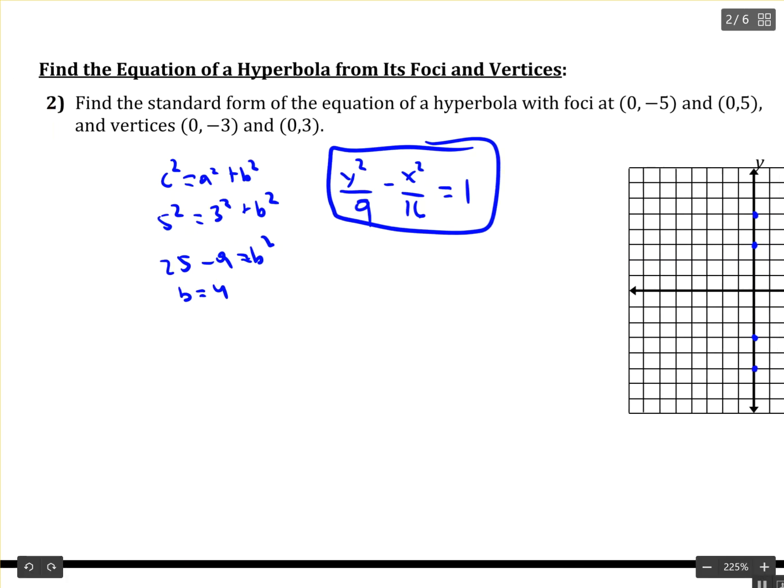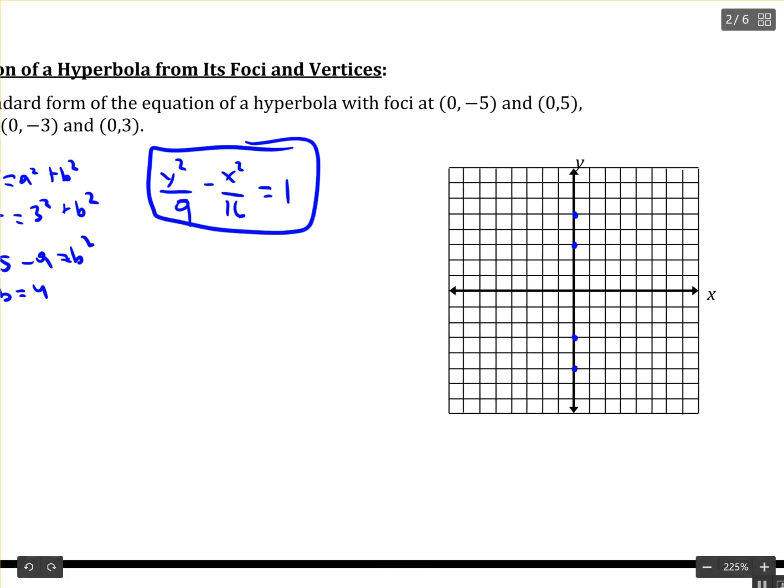It doesn't say to graph it, but let's go ahead and graph it as long as we're doing this. So b was 4, and again, that's under the x. So we're going to go left and right 4 for our box, up and down 3. And so if I, oops, that should be a dotted line.